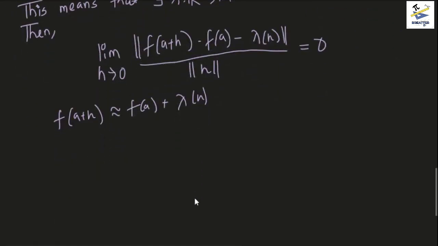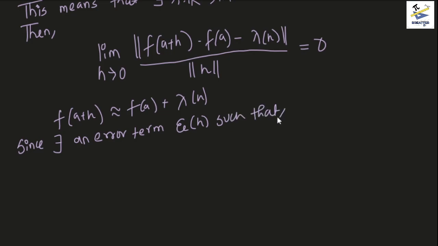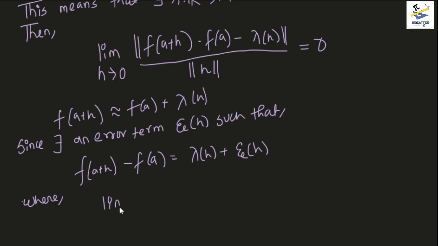But if we want to approximate it further, since there exists an error term epsilon of h, we can write f of a plus h minus f of a equals lambda of h plus epsilon of h, where the limit as h tends to 0 of the norm of epsilon of h divided by the norm of h goes to 0.